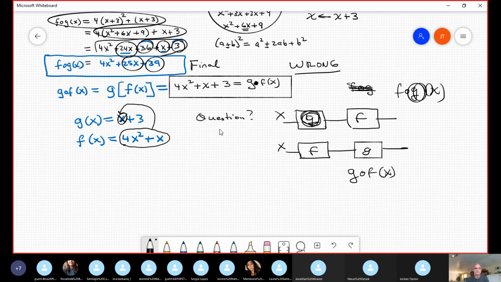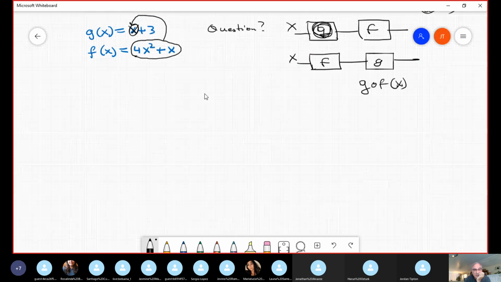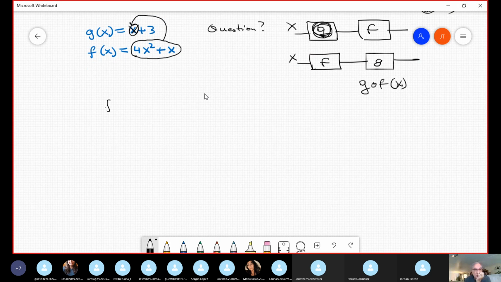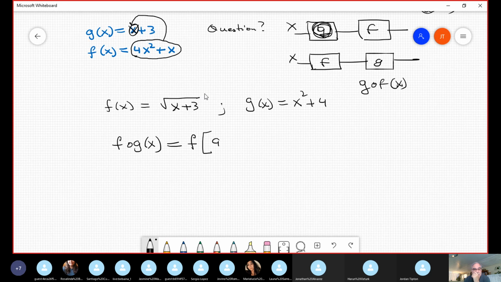Okay, an algebraic example. Let me try to create one more. Not super complicated. Suppose two functions: f of x is equal to square root of x plus 3; g of x is equal to x squared plus 4. Find the expression f composition g. It's the same as f of g of x.